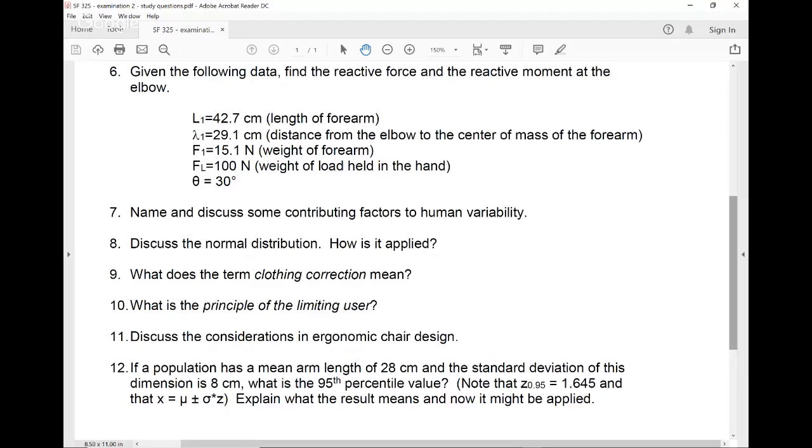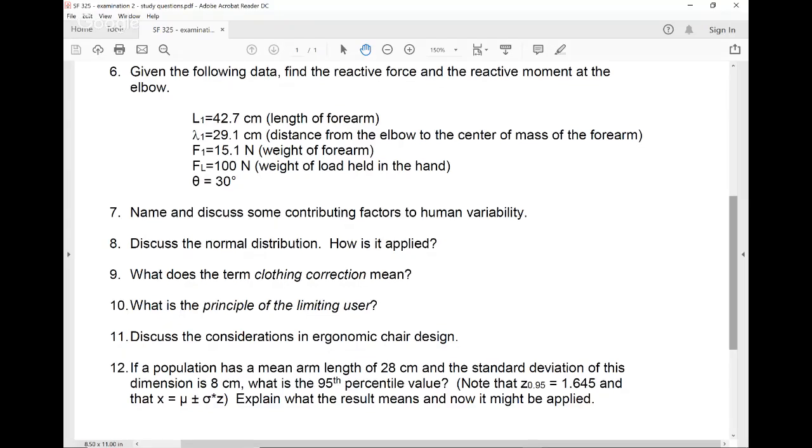And for the second one, we got 0.5 times 0.427 times 100, 21.4 Newton meters.